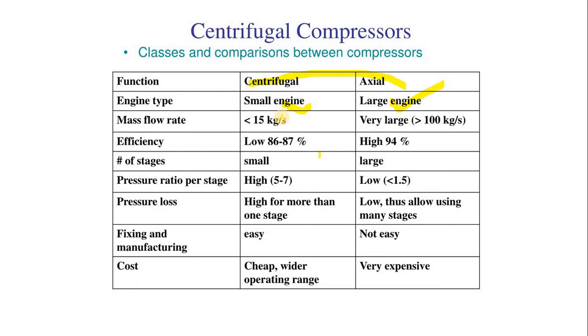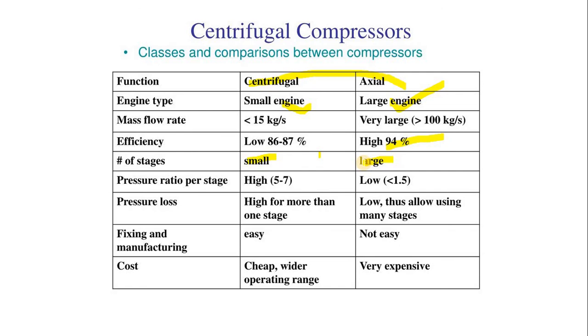In case of the axial flow compressor, the mass flow rate is very high, whereas for the centrifugal it is generally in the range of 10 to 15 kg per second. The efficiency is low as compared with the axial; the efficiency is more here. The number of stages required is small in the centrifugal, but the number of stages required is more in case of the axial flow compressor.